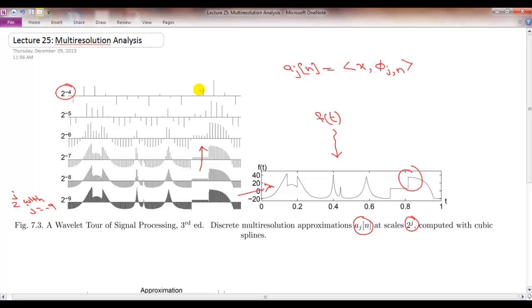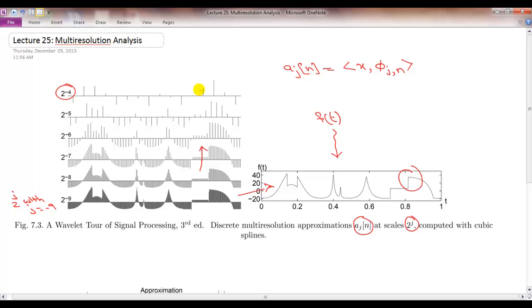Now that's an approximation. What it can help you with, if you think in terms of communications, is that multi-resolution analysis is at some level great because you still have an overall sense of what signal you started with.